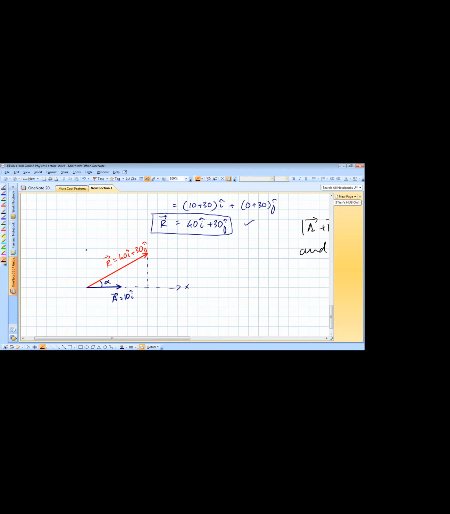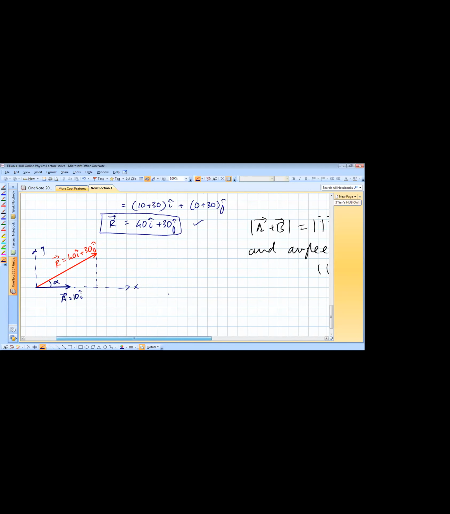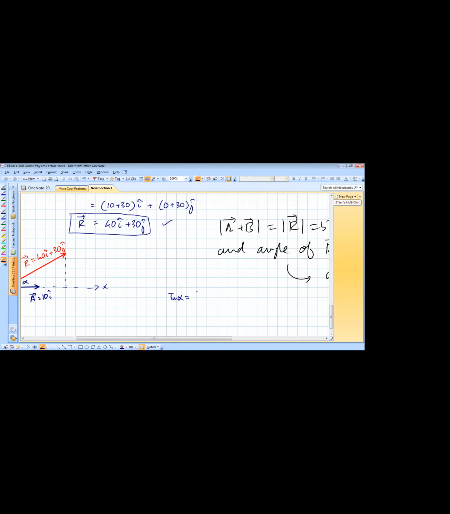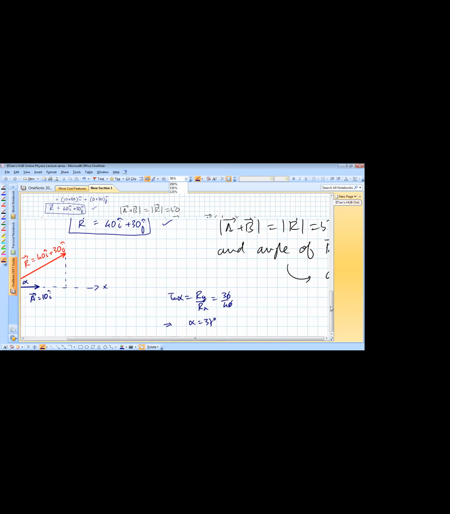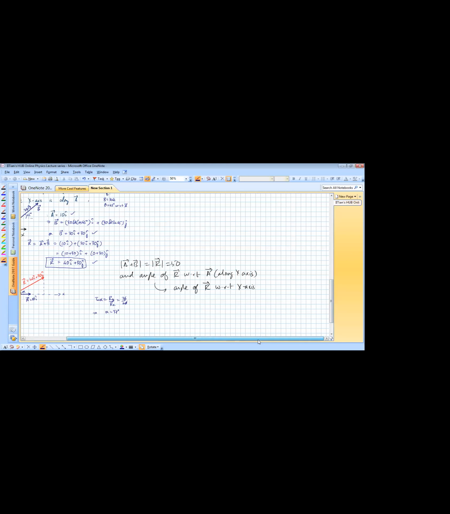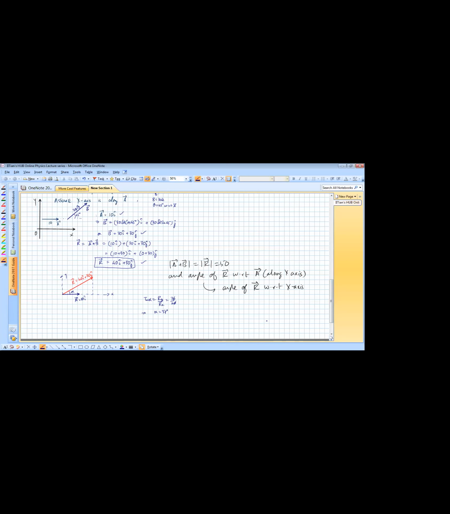This is the x and y axis only. So this angle here is such that tan alpha is the resultant's y component upon the resultant's x component. So that is 30 by 40. So the same thing. Alpha is 37 degrees. Okay, so this is the solution of the first question by the second method, the component algebra method.